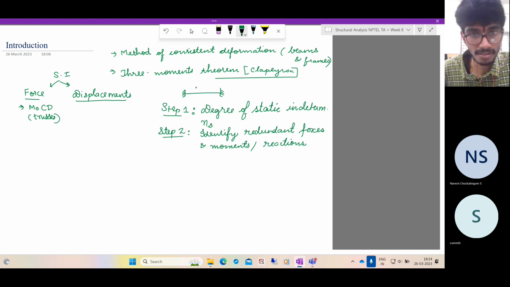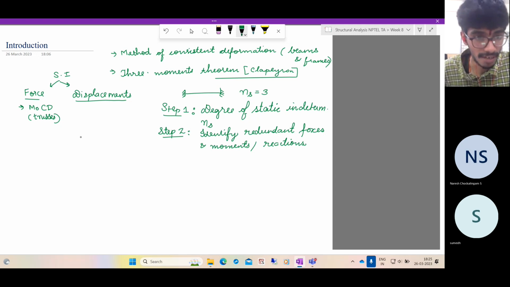If you look at this structure, which is a fixed beam, we have 3 reactions here and 3 reactions here. So there are 6 unknowns and 3 equations of equilibrium. The beam is statically indeterminate and it is externally indeterminate. So what can we identify as the redundant forces?